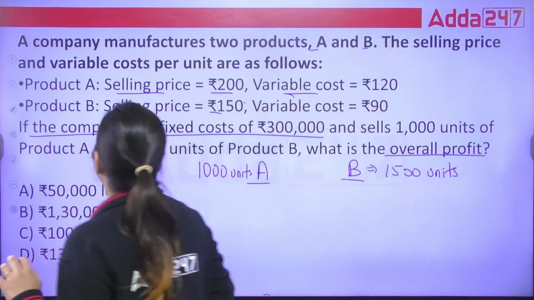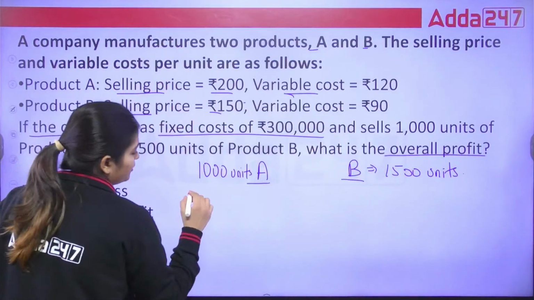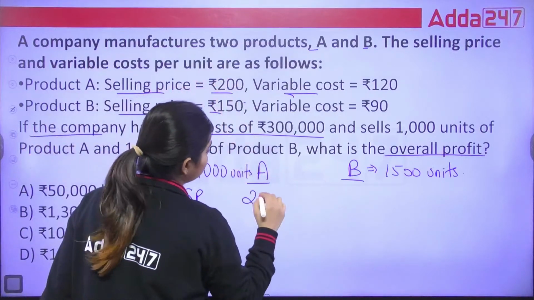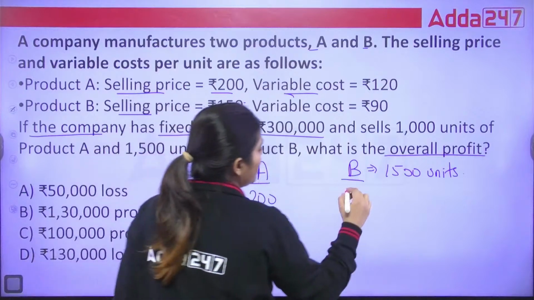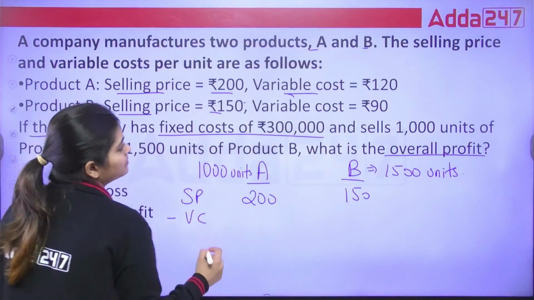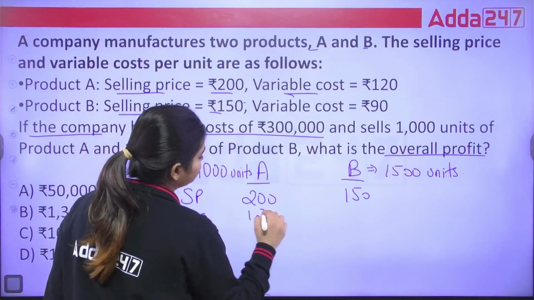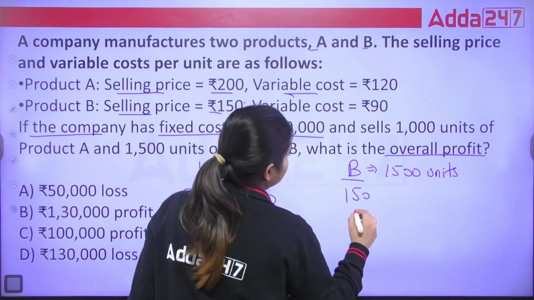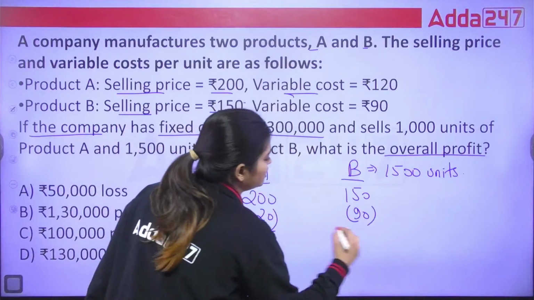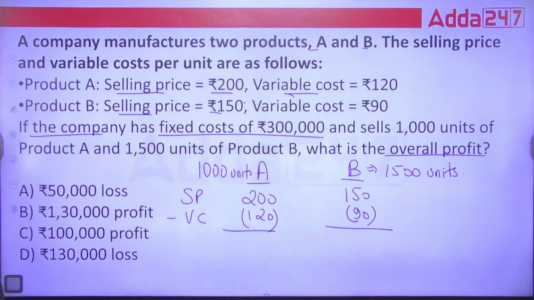Now we have the selling price for A and B, which is per unit: 200 and 150. Then we have variable cost, that is 120 and 90. Tell me, if we subtract variable cost from selling price, what do we get?